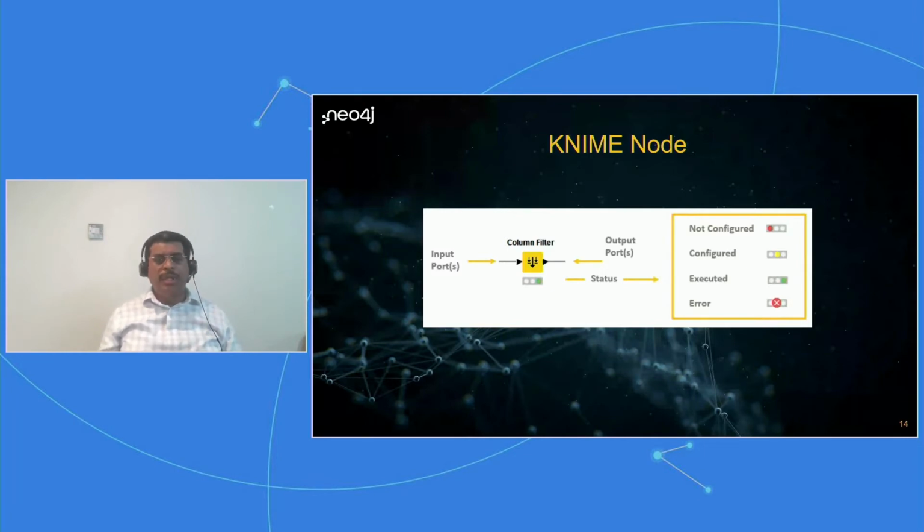All these statuses are visually represented below the node itself for each and every component. For example, take a column filter: if you have 5 columns and you want to filter only 2 columns, the execution state when it's not configured will be amber, but once it's successfully executed, it will be green, and of course, if it fails, it has an X mark.